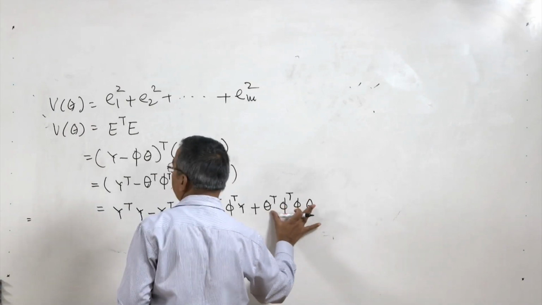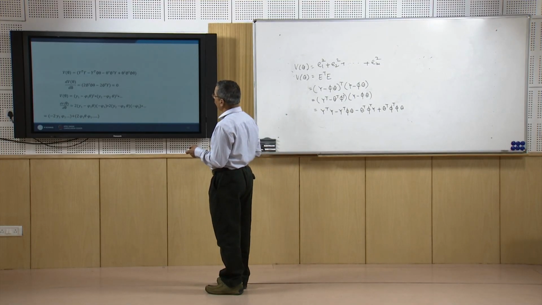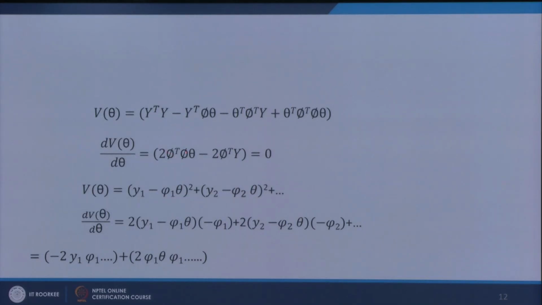If I differentiate this term, this is what I am going to get, that is 2 phi transpose phi theta, and these two terms differentiated with respect to theta will lead me to minus 2 phi transpose y. Okay.